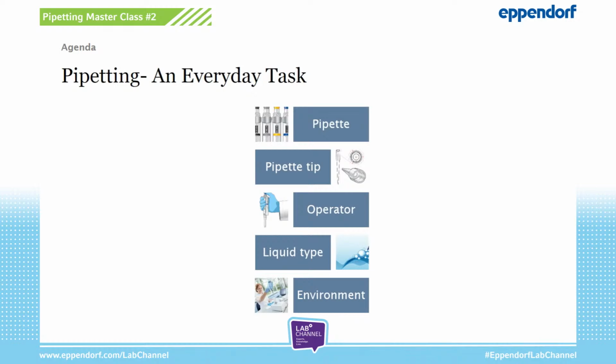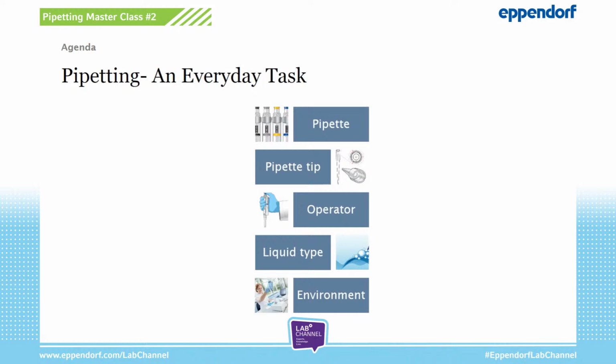When we want to transfer liquids, we just pick it up, attach the pipette tip, and there we go. But sometimes it's quite good to remind ourselves and pay some attention to certain aspects of pipetting, because even if pipetting seems very simple, it bears many error sources that in the end influence the reproducibility of our data. And unfortunately, this is quite often negative.